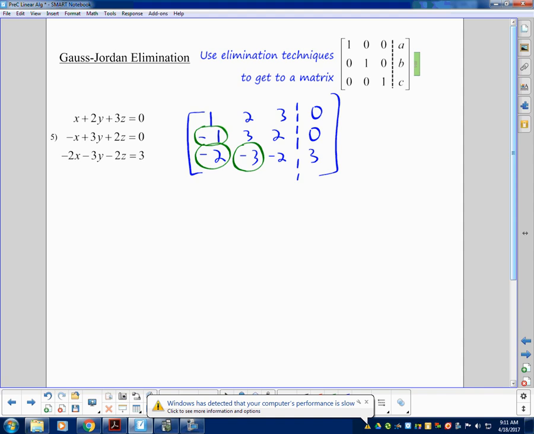Okay, that's the idea. And so think about what you would do with elimination. Say, for example, I want to get rid of one of these numbers here. Say I'd like to get a 0 right here in this middle left, second row, far left side. What would I have to do with these 2 equations? And maybe it's easier here to get a 0 here. It's ready for elimination, right? What would you do with these 2 to get a 0 right here?